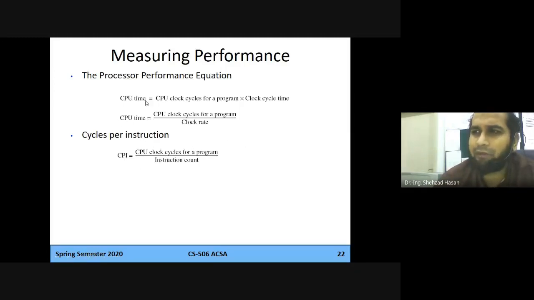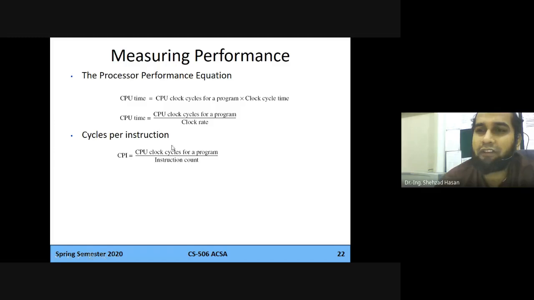Remember, what we were trying to find was CPU time, and the formula for CPU time uses the clock cycles in a program, because the cycle time can be determined from the frequency. But the cycles for a program are difficult to get. So one thing that can be done is to take the instruction count of the whole program and multiply it by CPI, if you know the average CPI.